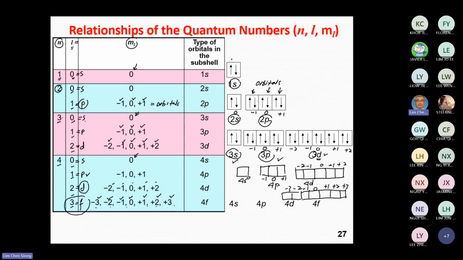So we go for 2 spins, one going up, and the other must be downward, because you have to follow the rules. If you draw the boxes and put the spins all in the same direction, we give you 0 marks, because you are against the rules of the principle for placing electrons in the box diagram. Clear?